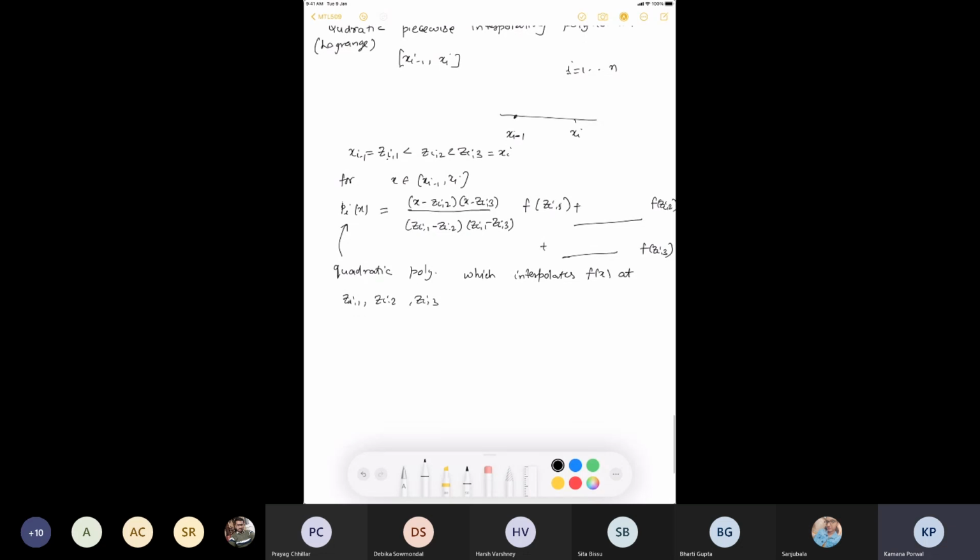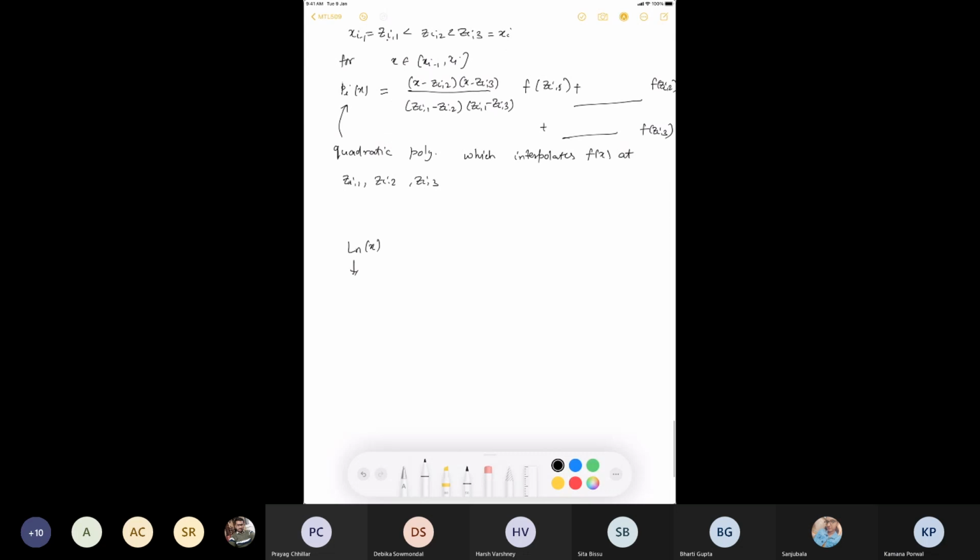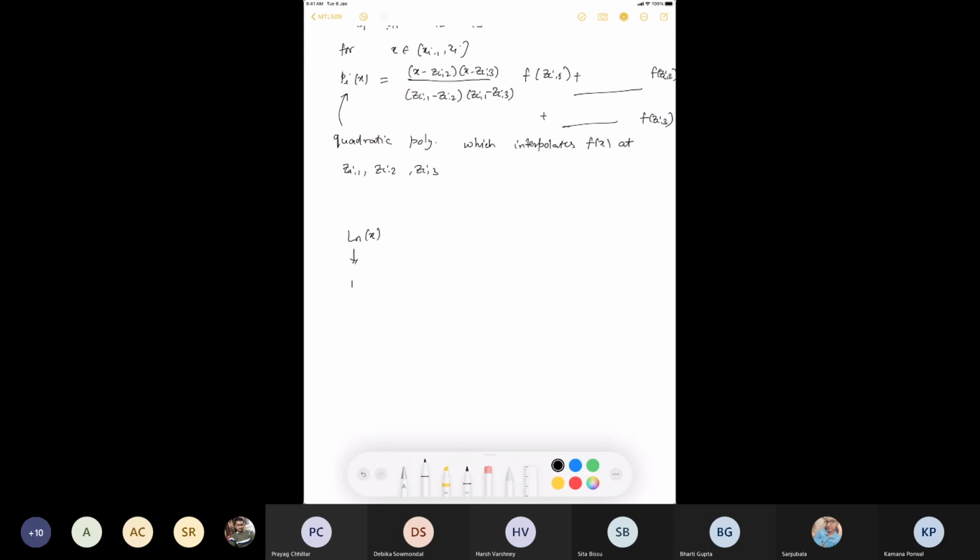So for each i, your polynomial in the interval x_{i-1} to x_i is going to be a quadratic polynomial. If I denote L_n(x) as the piecewise quadratic polynomial function, and let's call it Lagrange one, how is this going to look?